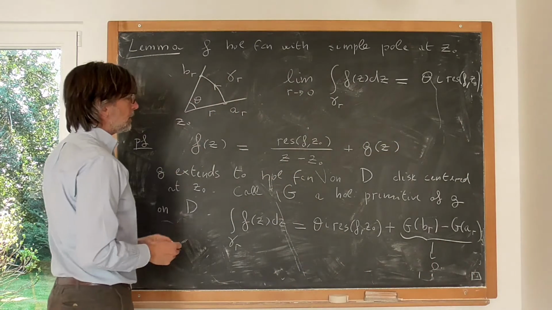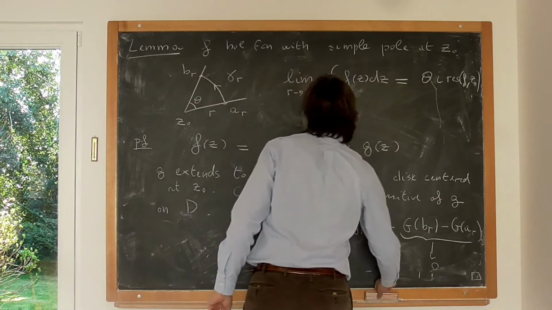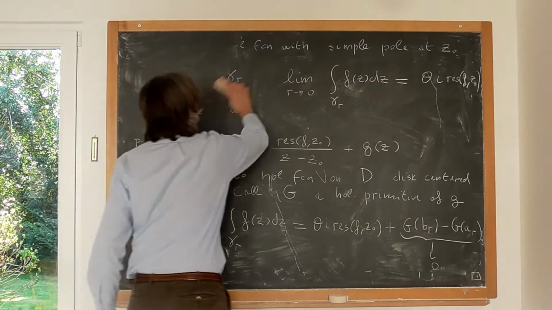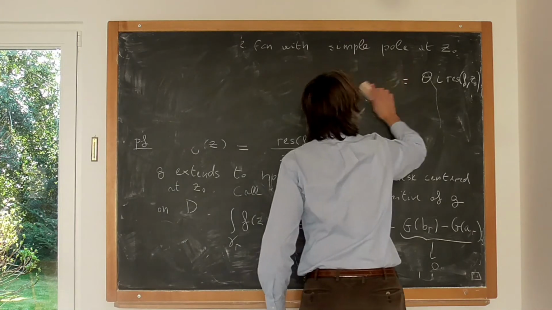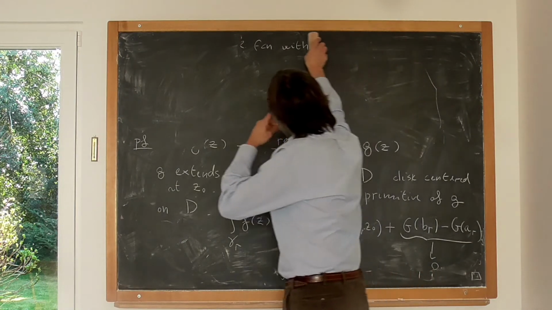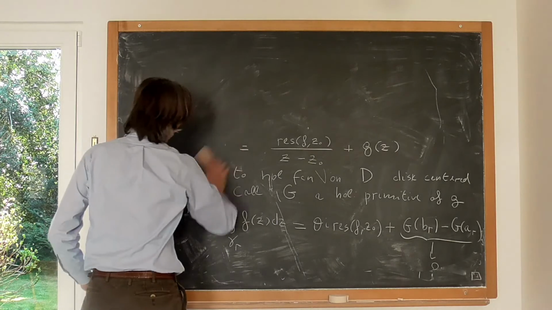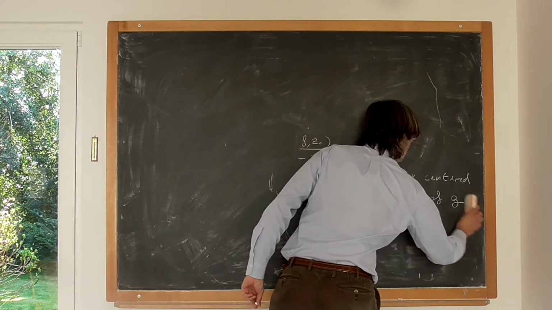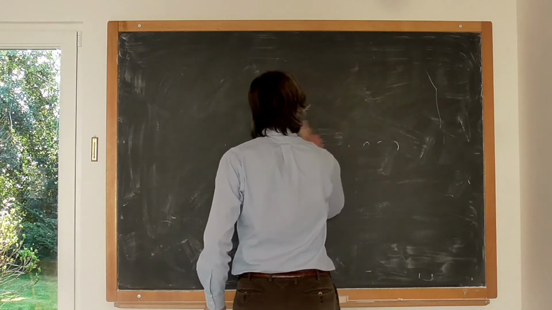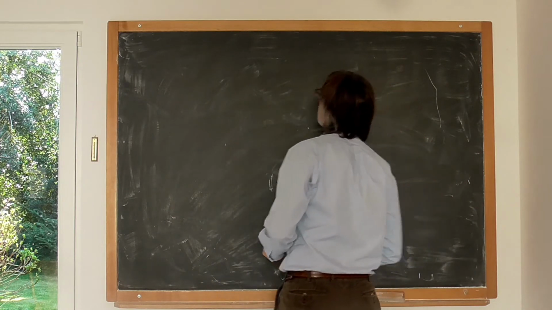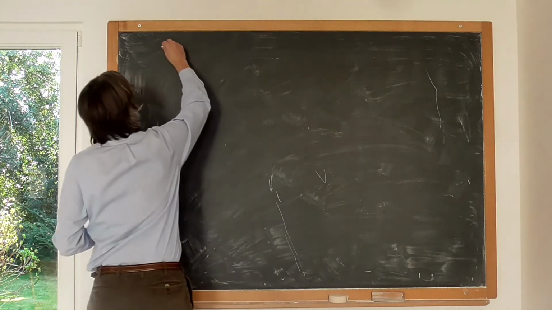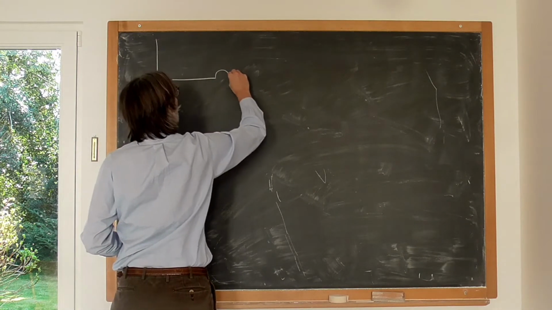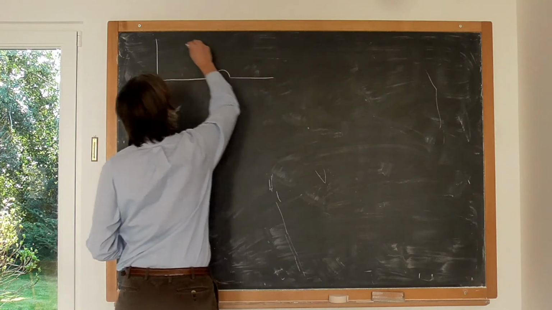Okay. Now that we have the lemma, we can go back to our situation and see again what we have. Recall that we were integrating over a contour having this form.